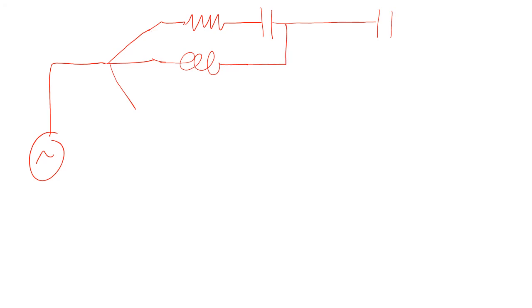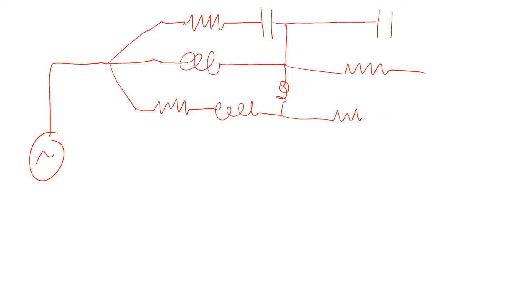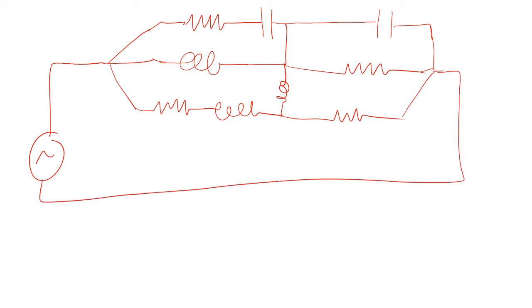And on the bottom, we have a resistor, an inductor right there. And then we have a resistor right there and a resistor right there. And then all of these things come together over here, and they go back to the power supply.